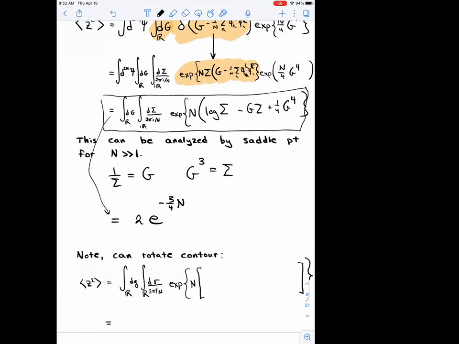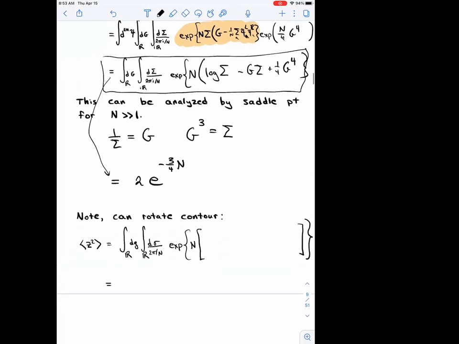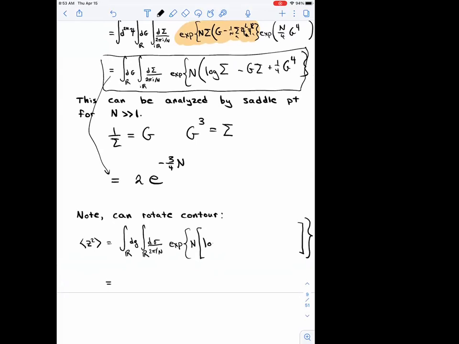But it makes sense if you integrate over sigma first over the imaginary axis, so it's like a conditionally convergent integral. But you can rotate the contours and get a completely well-defined integral that looks like this. And this is a well-defined integral for either order of integration. So this is just to show that this integral really makes complete mathematical sense.